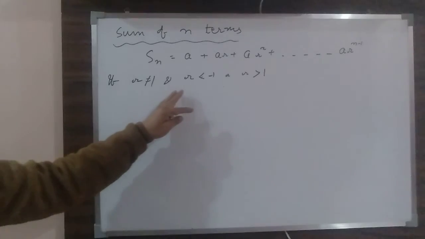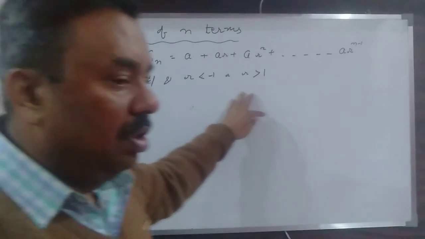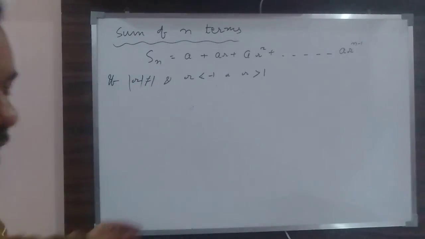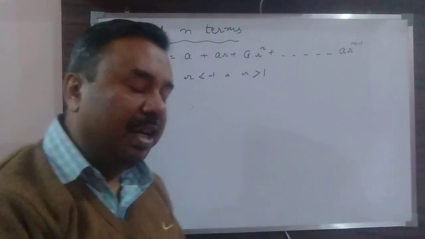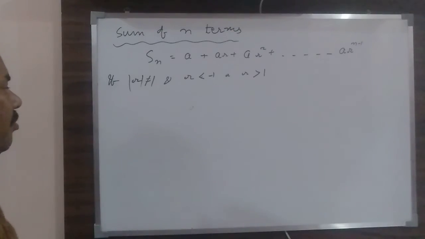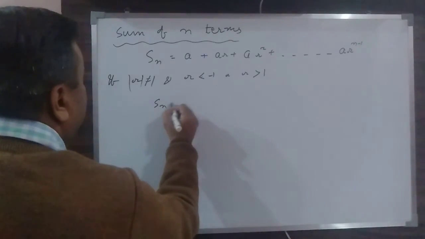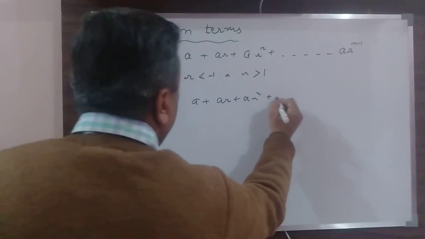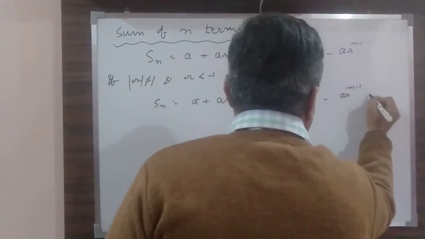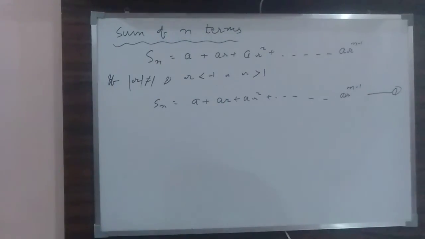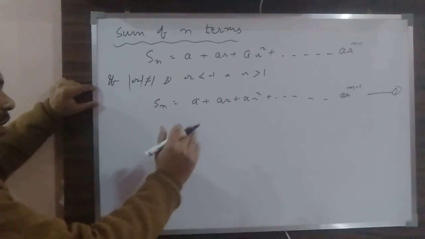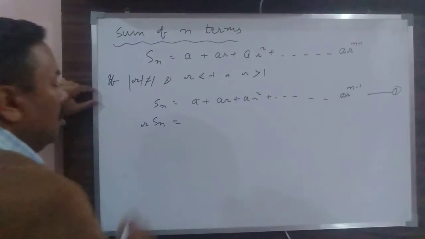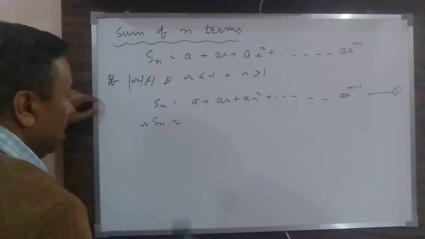Or I can say modulus of r is not equal to 1. In that case, what will happen? My Sn is a plus ar plus ar square up to ar raised to the power n minus 1, and take it as equation 1. Okay. Multiply all by r. What this will become? Let me write it also.